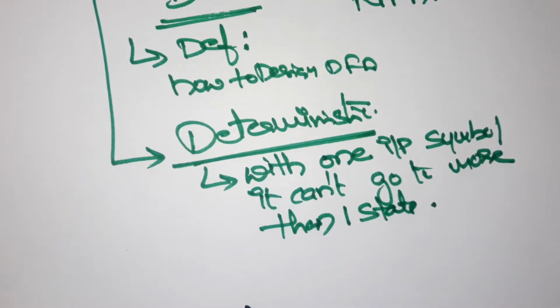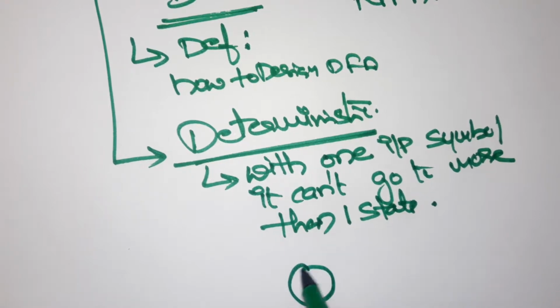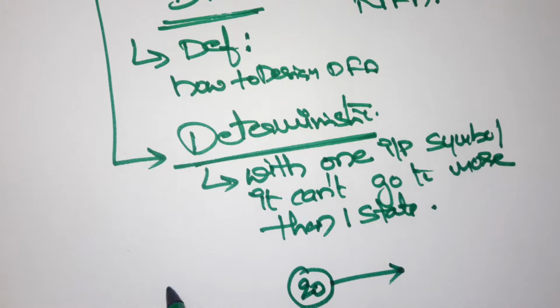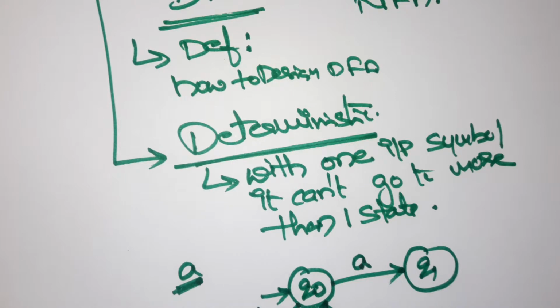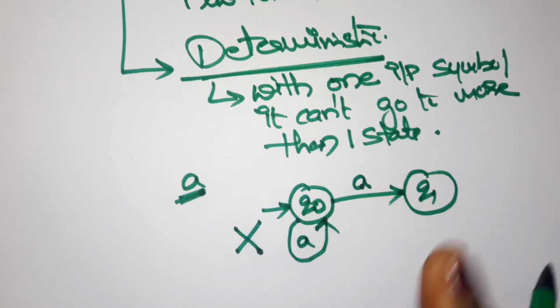What does it mean? For example, if you have the Q naught state and I am considering A as the input symbol, on input symbol A it goes to the Q1 state. Again, with the same input symbol, it cannot go to more than one state. This is not possible in a DFA.